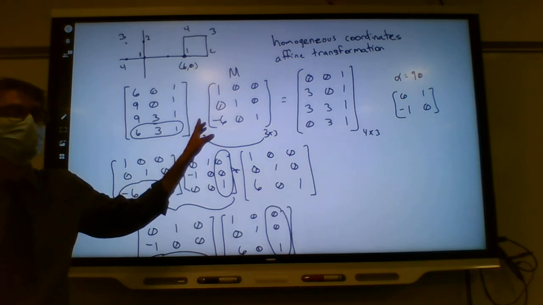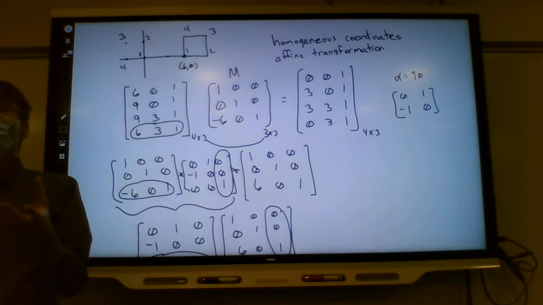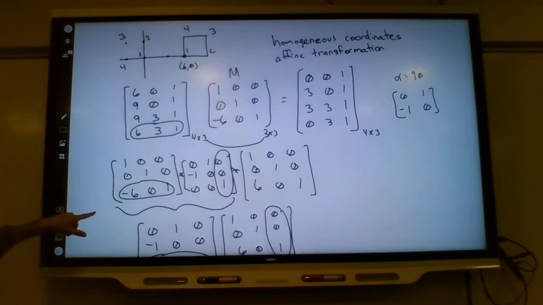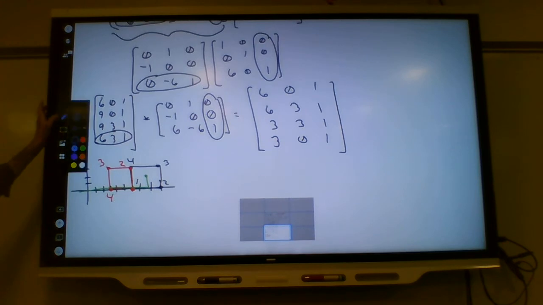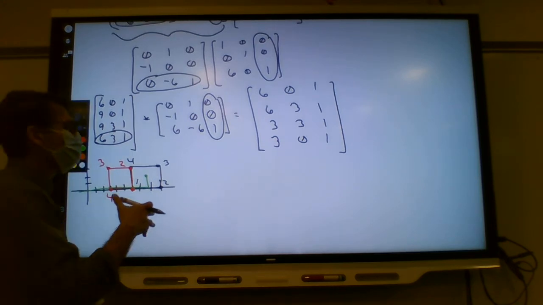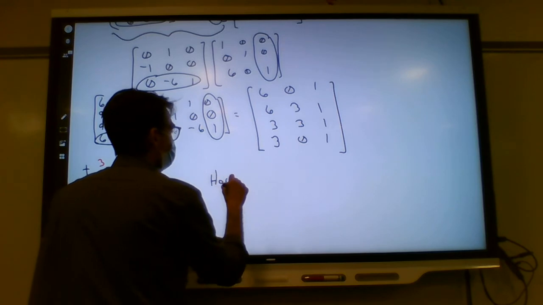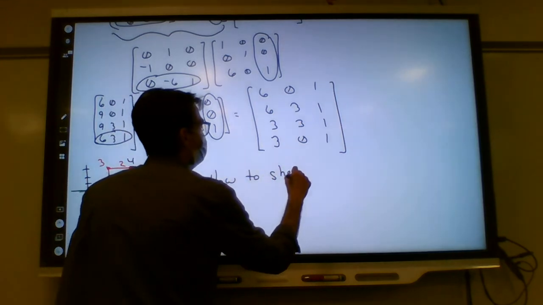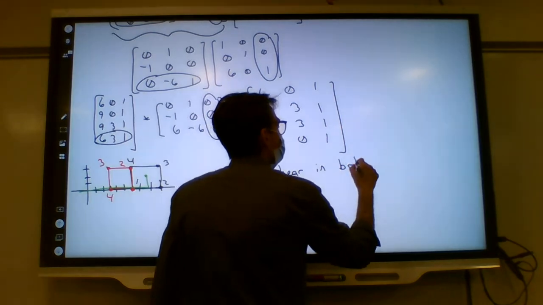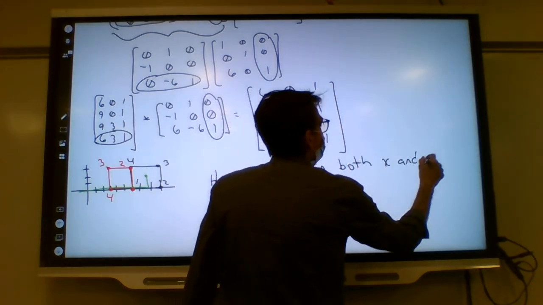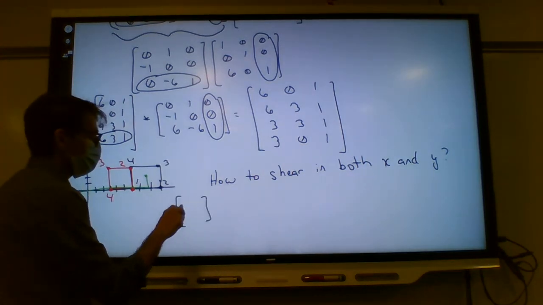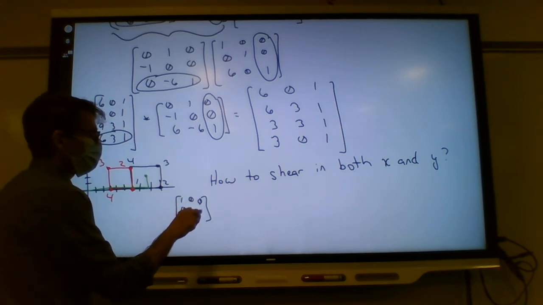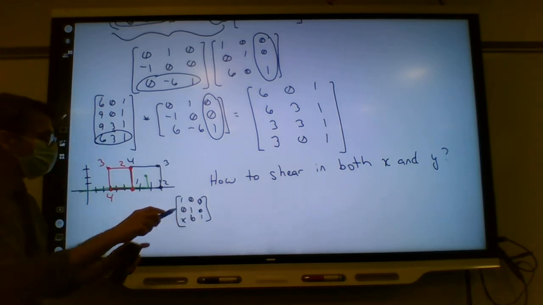It would need to be a shear in both, right? We need to be able to shear in both directions. So how would we do that? Take our shear in the x direction and multiply it by the shear in the y direction. Yeah, we would have a matrix that does x shear.